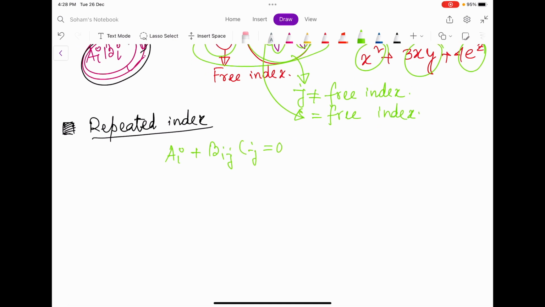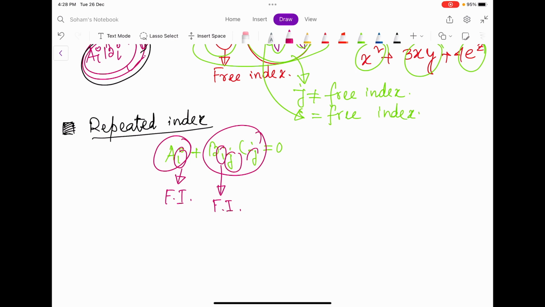In this term I have one free index, and in this term also I have one free index. Then this j is occurring more than once, so this j is called a repeated index.